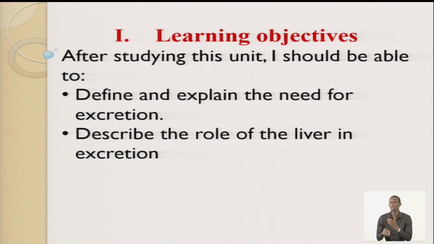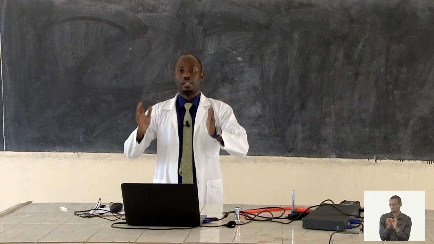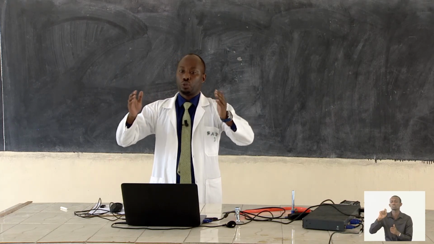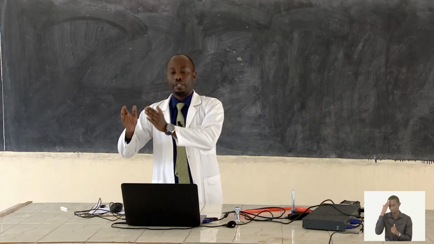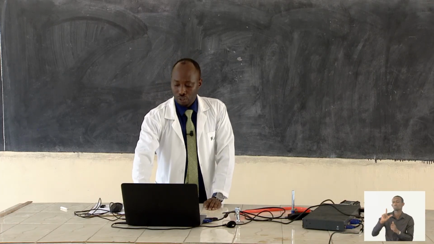So objective number 2 is to describe the role of the liver in excretion. So let's start our lesson of today, able to define excretion and able to understand why we need excretion, and also able to know the role of the liver as far as excretion is concerned.